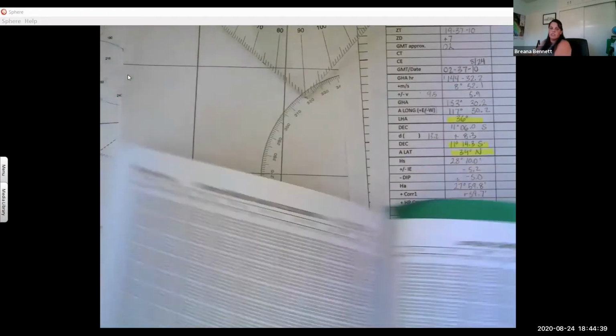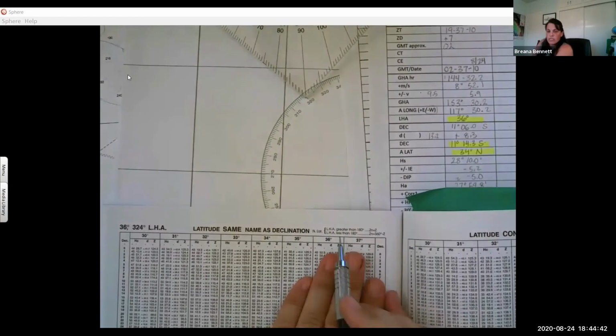So we use the Northern Hemisphere rules. Is LHA greater or less than 180?